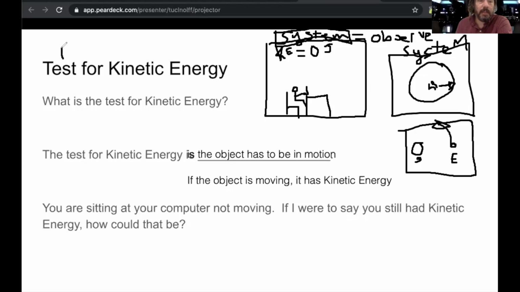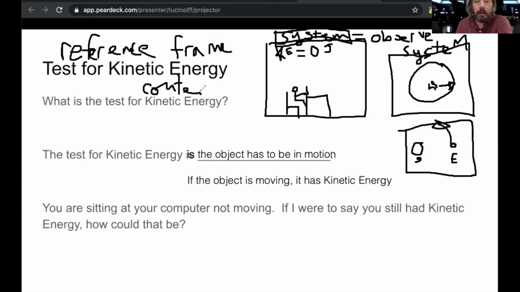This system idea is also connected to the idea of a reference frame. What's our frame of reference for what we're talking about? A fancy way to say reference frame is context clues. What's the context of our observation?